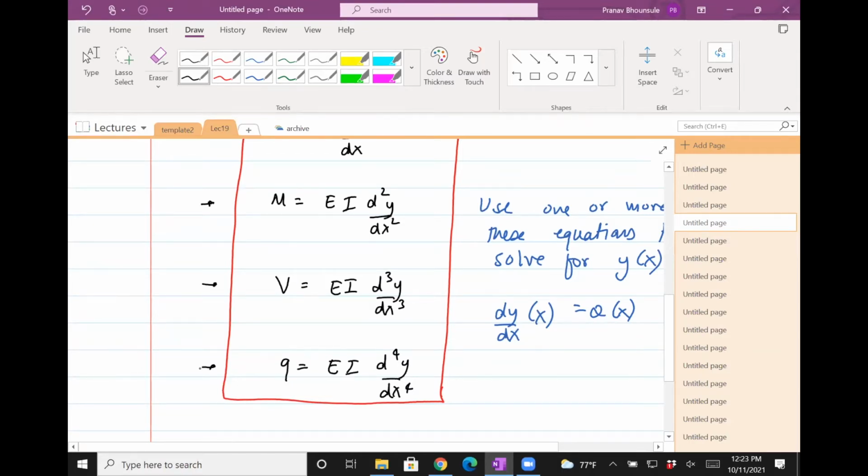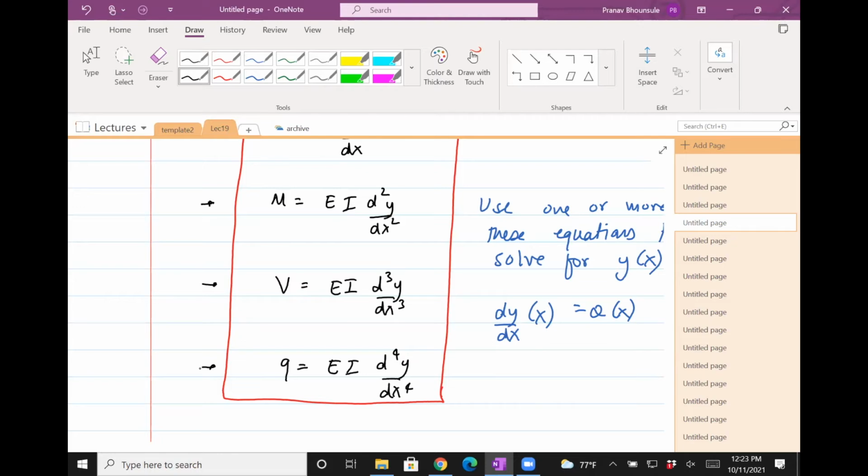If you start with the first formula, M, you want to cut a section and then write the moment, which will be a function of X, and then integrate the equation 2 times, because that's how you will get Y. If you want to start with the second equation, V equals EI d cube y by dx cube, you want to draw the shear force diagram and then integrate that equation. So you'll have to integrate 3 times. If you want to use the fourth one, then you'll have to use the fact that the distributed load is what you look at, and the distributed load here is 0. So you could start with that also.